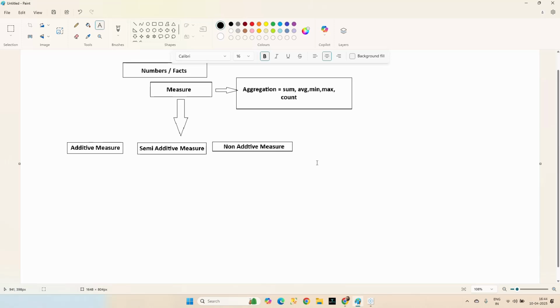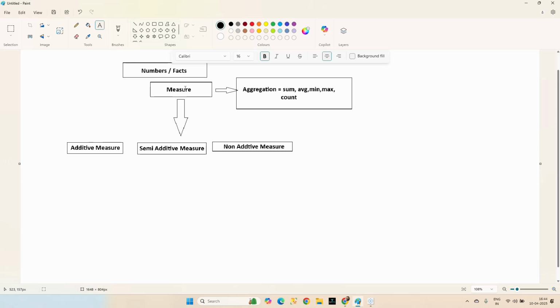First of all, what is additive measure? If the measure is giving us meaningful output after applying all aggregations, if we have some number and we apply all these aggregations on that field and it gives meaningful output, then that kind of measure is called additive measure.